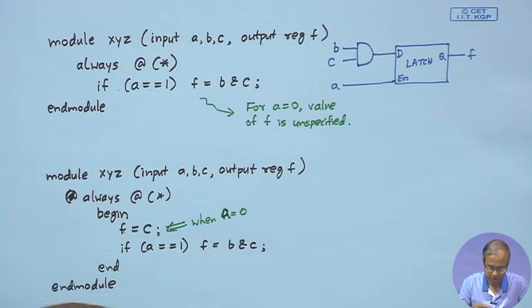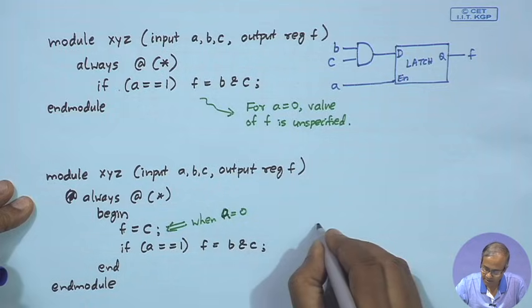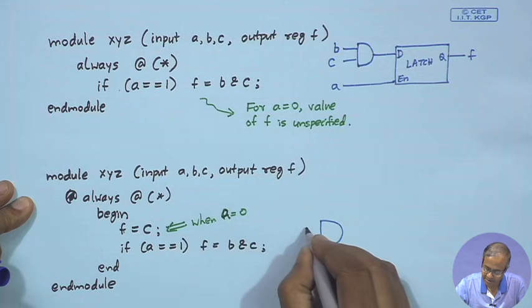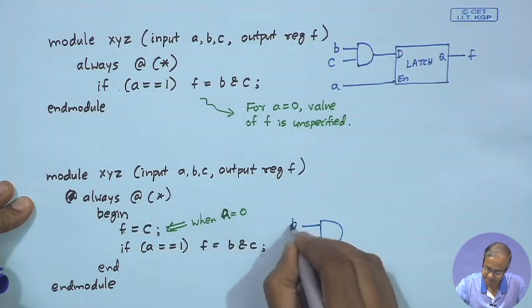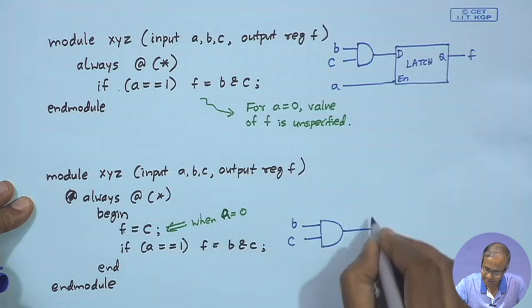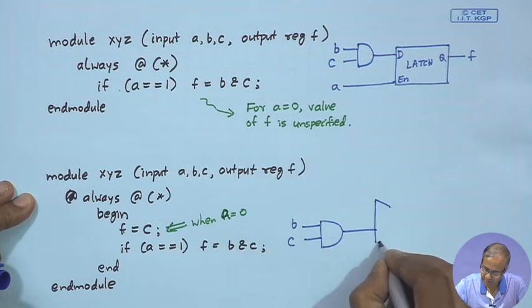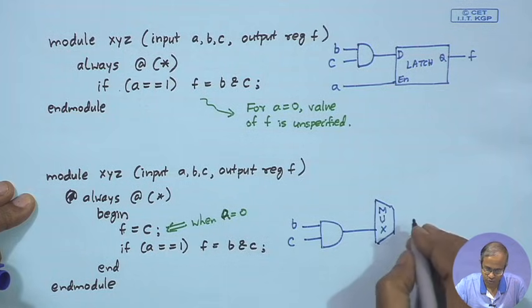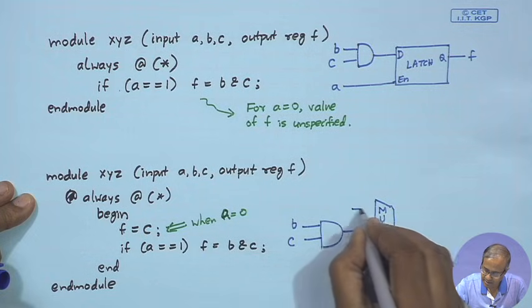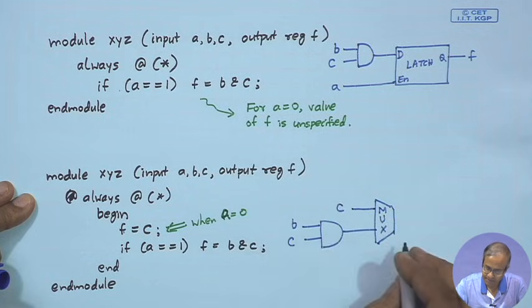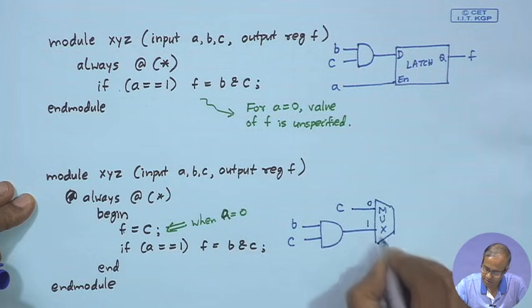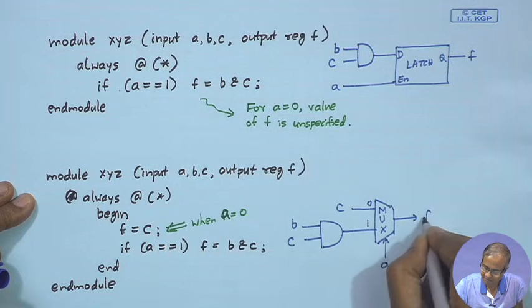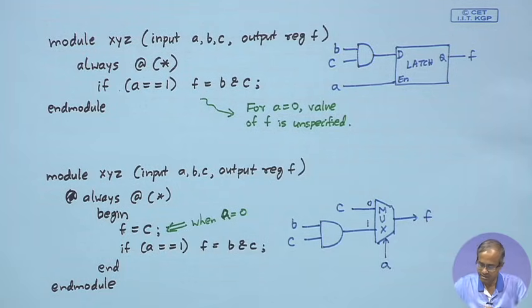Now if you give this description to the synthesis tool, it will possibly be generating a circuit like this. To generate B C, there will be an AND gate, then it will be synthesizing a 2 to 1 multiplexer, where the other input of the multiplexer will be C, this will be your input 0, input 1, and your select line will be A, the output will be F. So, see what is happening here?